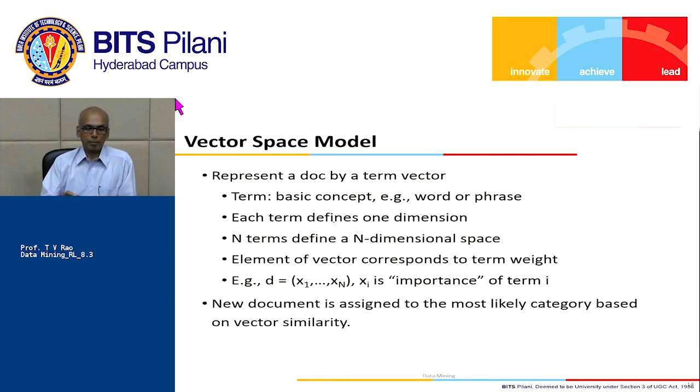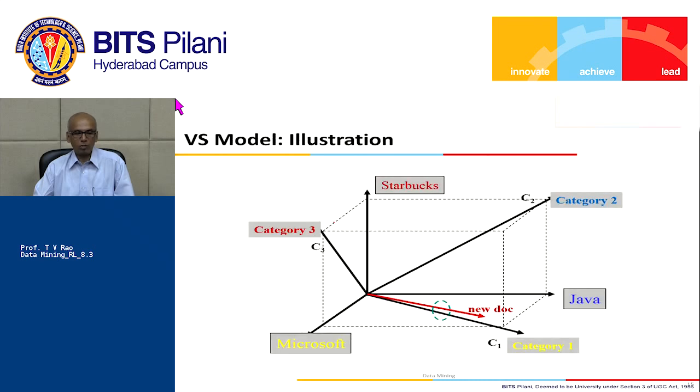Here we are representing the term vector. Each one of these terms may represent a dimension, so when there are n terms, it is representing n dimensions. Each of these terms can have a weightage associated with it, representing the importance of the term within the vector, and thereby we can find out the similarities between these documents.